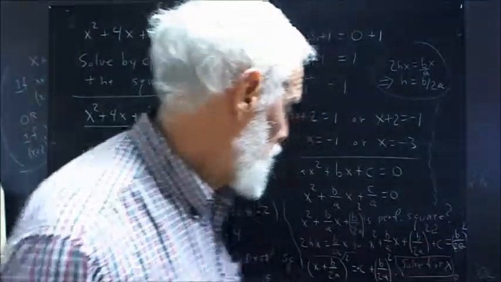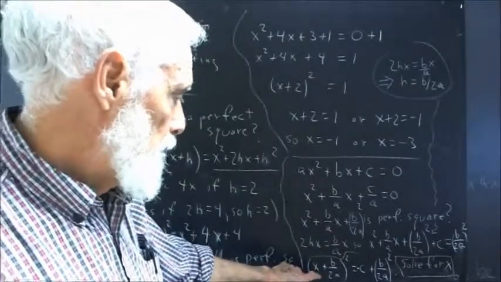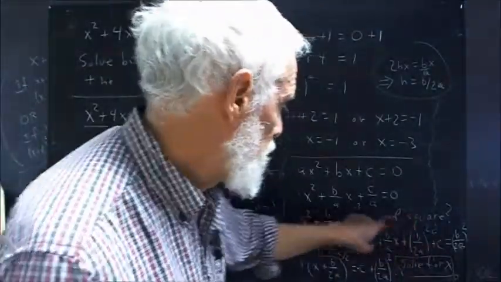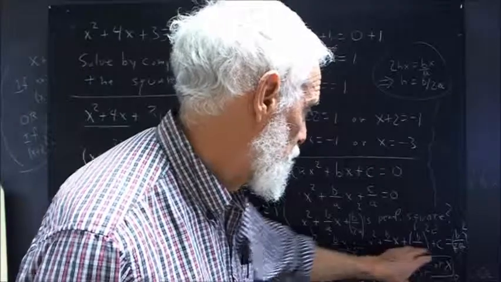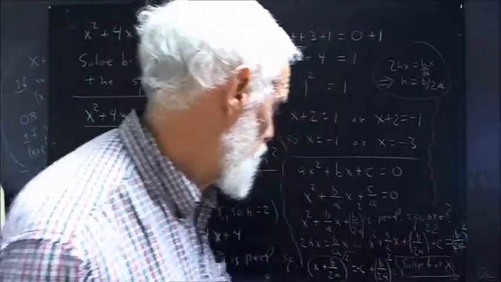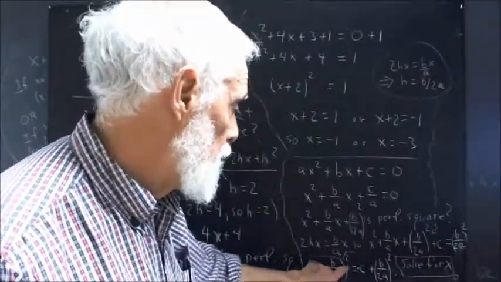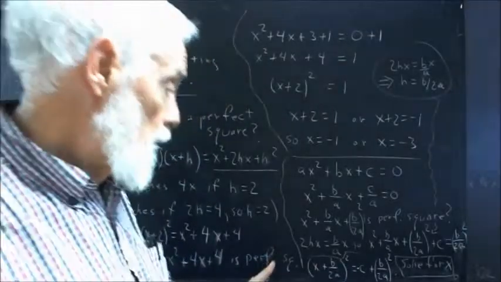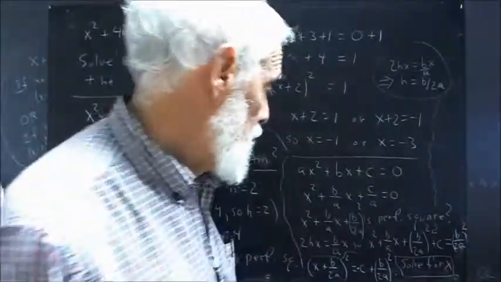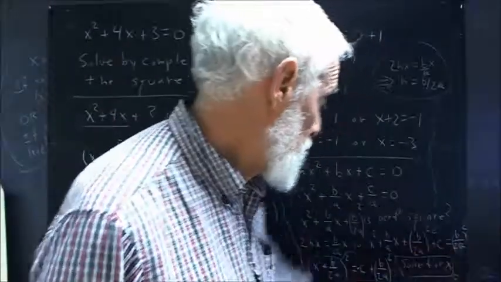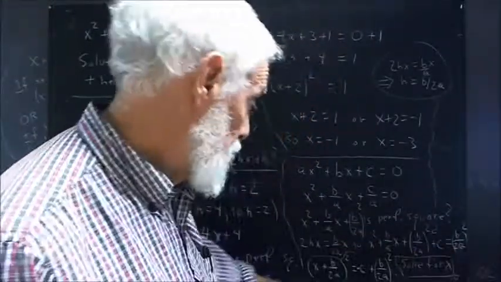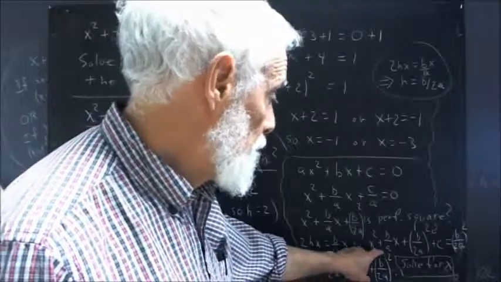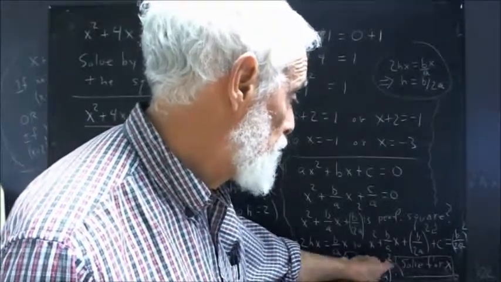And then we rearrange that, and we get this being the square of x plus b over 2a quantity squared. And you should verify that by writing this out and squaring it. And then we subtract c from both sides to get everything else over here. We get negative c plus the quantity b over 2a squared.